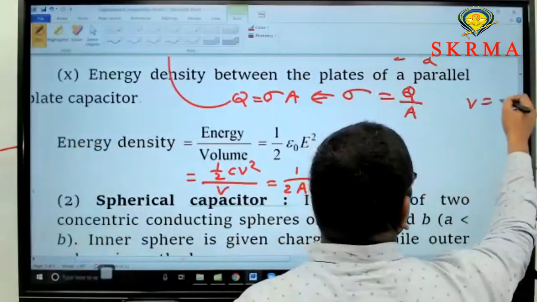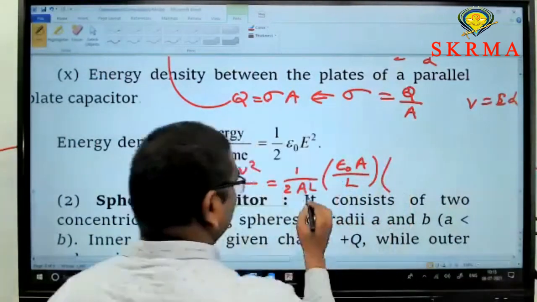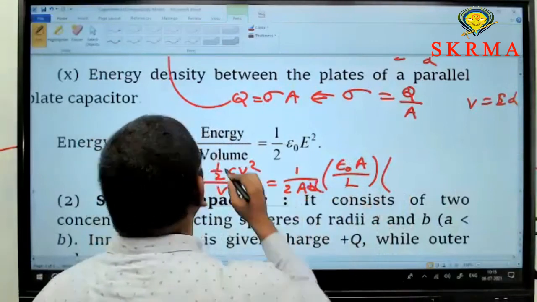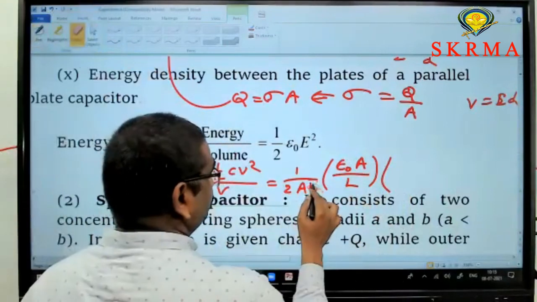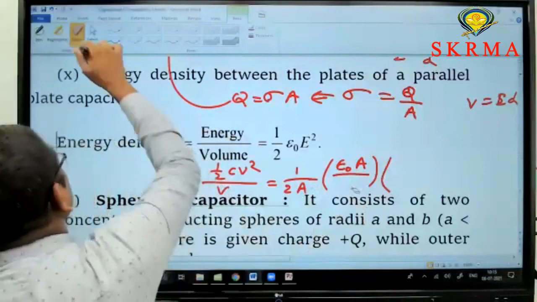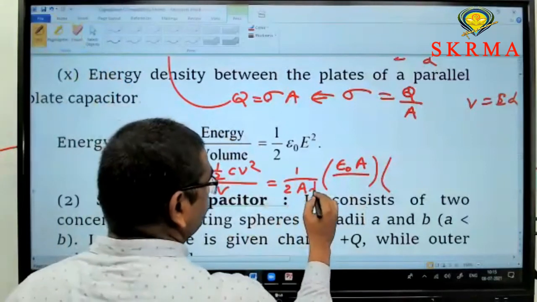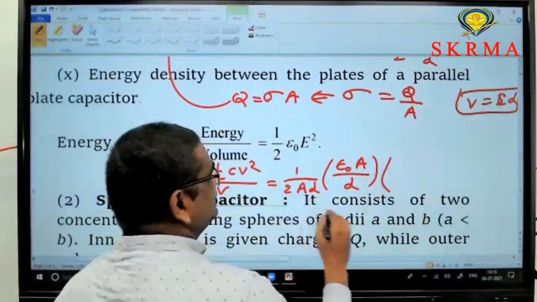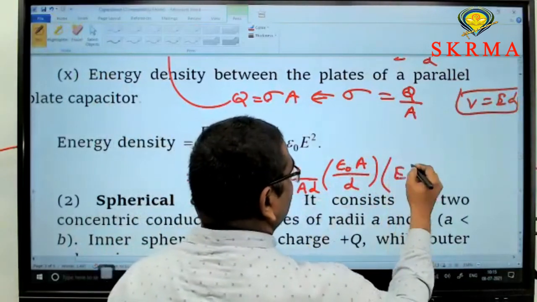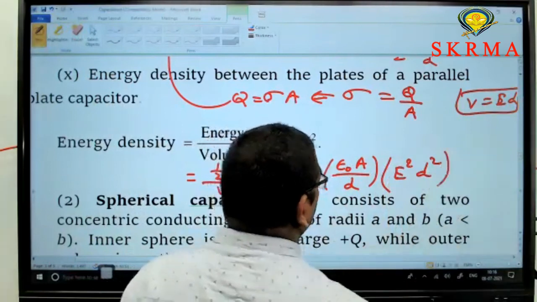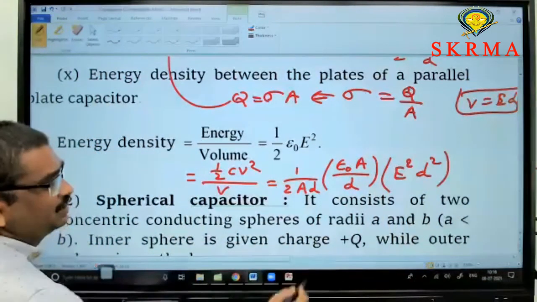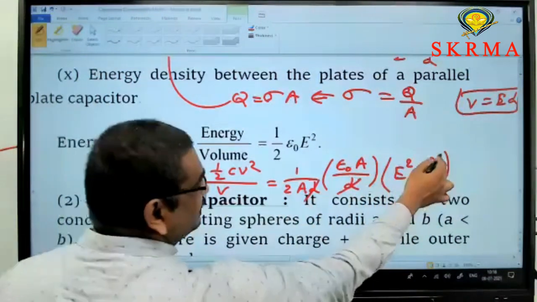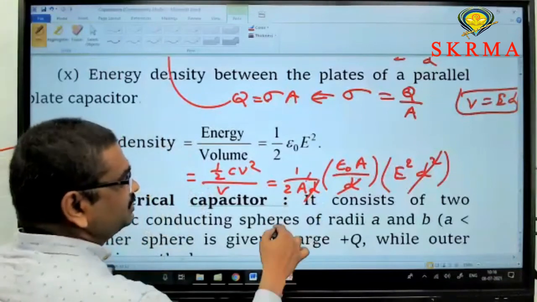V equals E into D. I am taking length as D. Here V square is there, so E square D square is there. Just cancel similar terms. D and D square will get cancelled out.